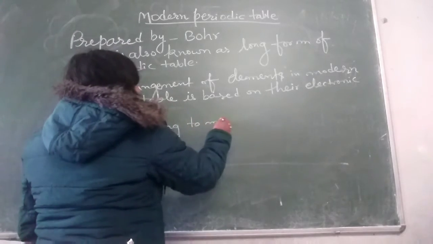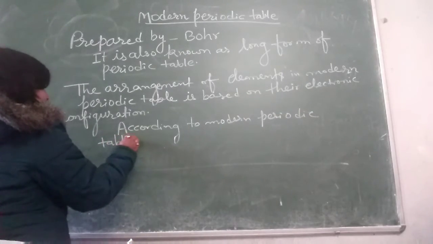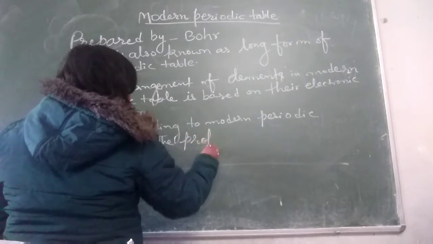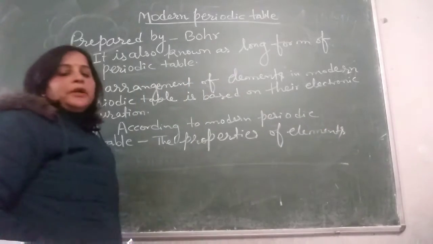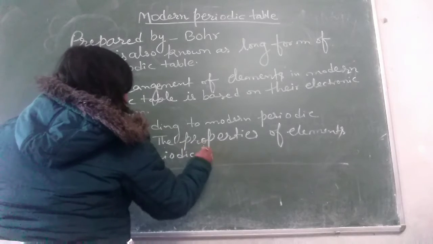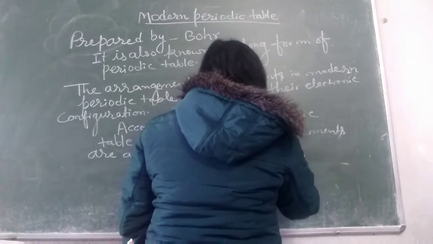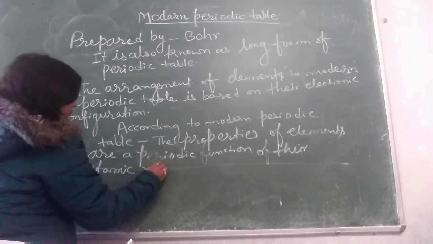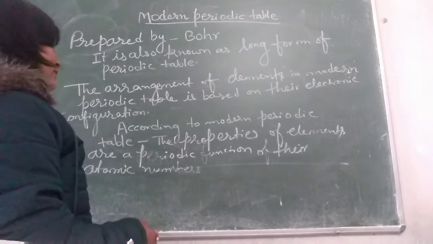According to the modern periodic table, the properties of elements are a periodic function of their atomic numbers.